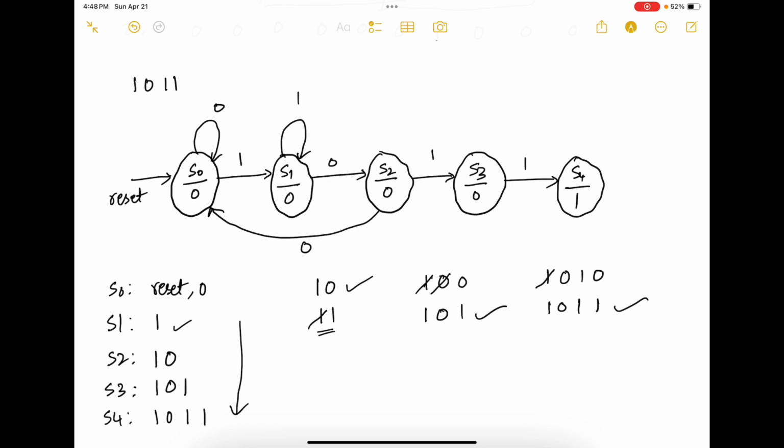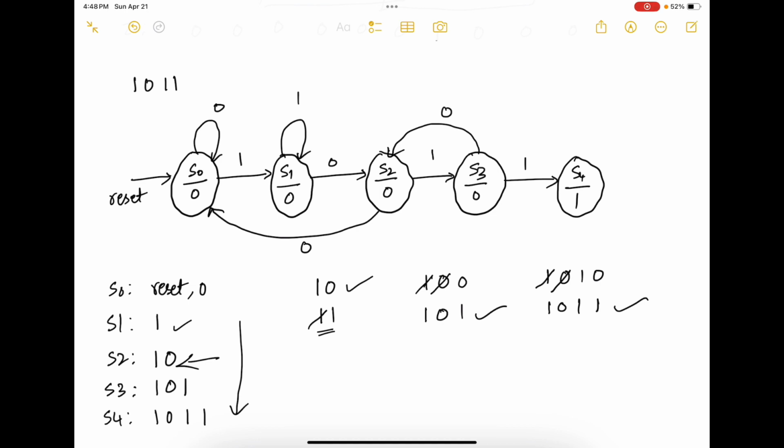There is nothing. Is there a state with 0 1 0? No. Is there a state with 1 0? Yes, there is. S2 is 1 0. So from S3, if you get a 0, you can go back to S2 and your output still remains a 0.